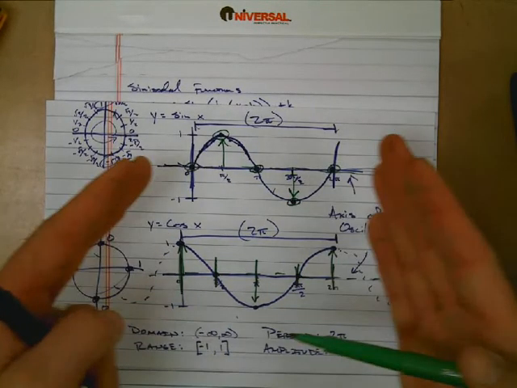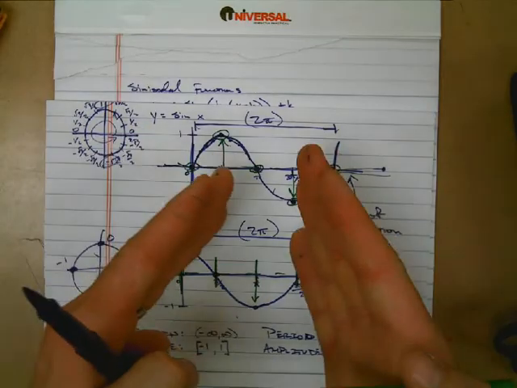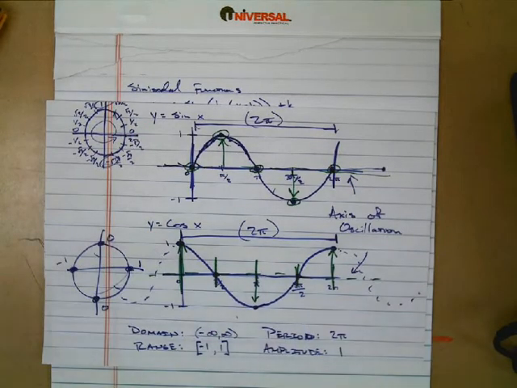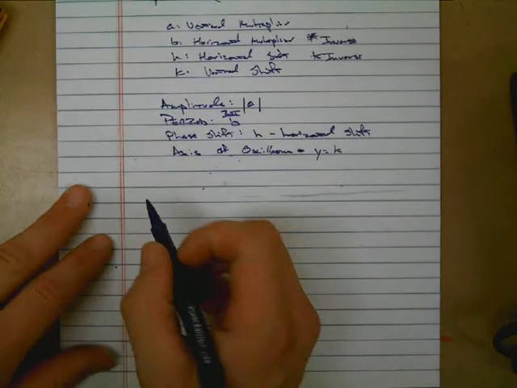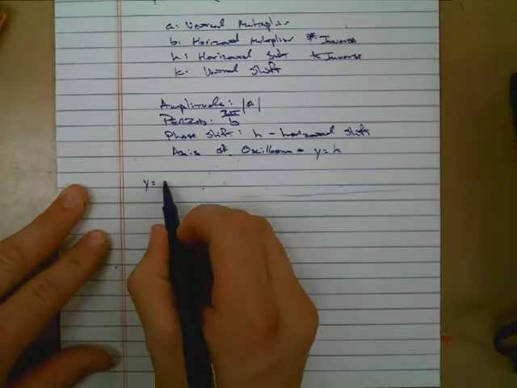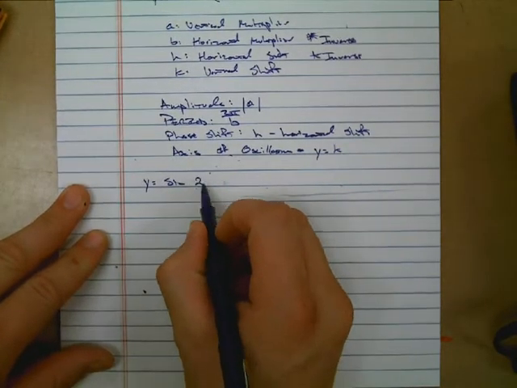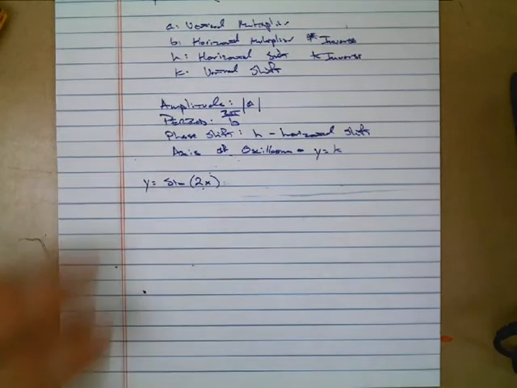So let's take a look at an example together. Let's graph y equals the sine of 2x as a function. First off, the parent function for sine of 2x would be sine of x. So let's graph this on the interval 0 to 2 pi.